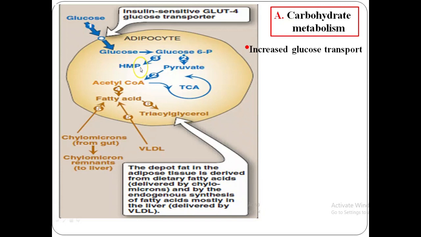The glucose is phosphorylated in adipocytes by the enzyme hexokinase. The increased intracellular availability of glucose results in an enhanced rate of glycolysis.